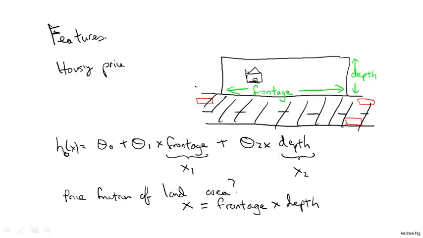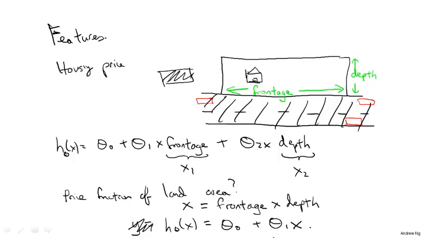So it's the base times height of a rectangle, the area of the rectangle, so it's the size of the plot of land, and you can then model your price as h of x equals theta 0 plus theta 1 times x. And this latter one might be a better model.